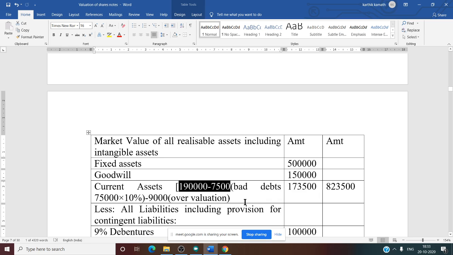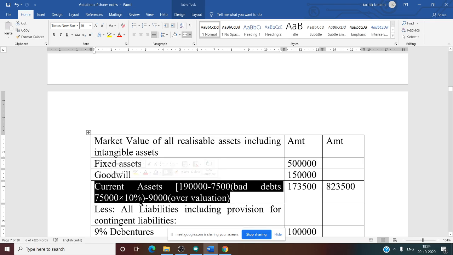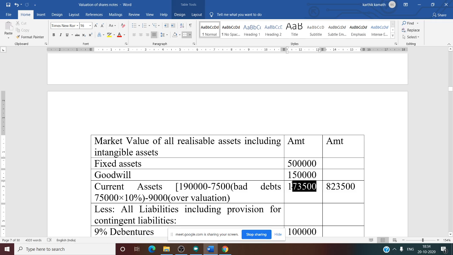Again there is one more deduction. What is that? There is stock overvaluation, so you need to deduct 9,000. So 1,82,500 minus 9,000. The final amount in current asset, remaining after deduction, is 1,73,500. This is very, very important, current asset.